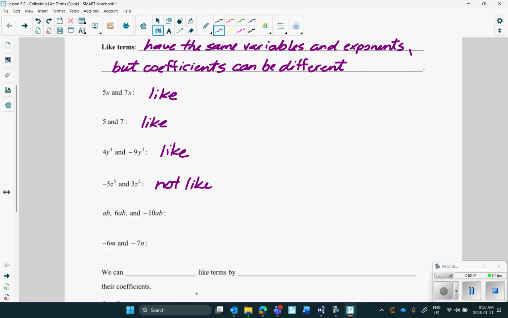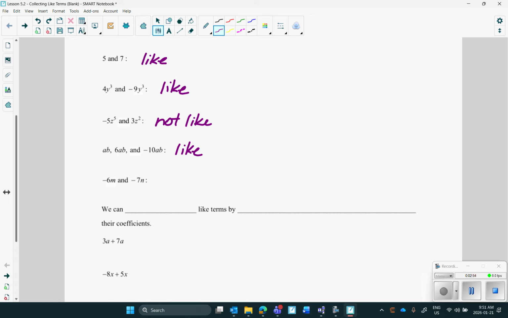Could be more than one variable. AB, 6AB, and negative 10AB. Yes, they all have ABs. Negative 6m and negative 7n. No, different variables.